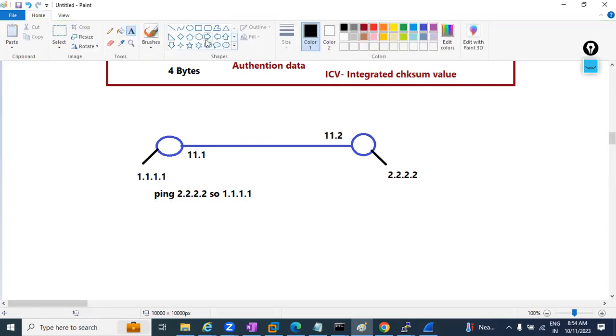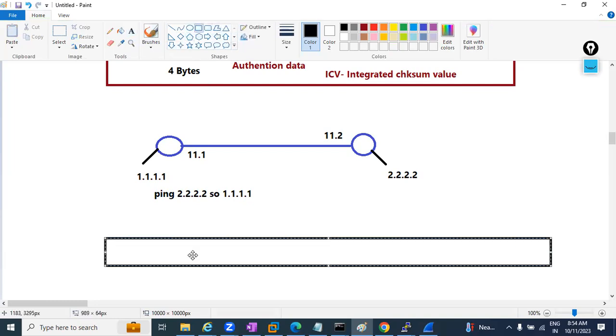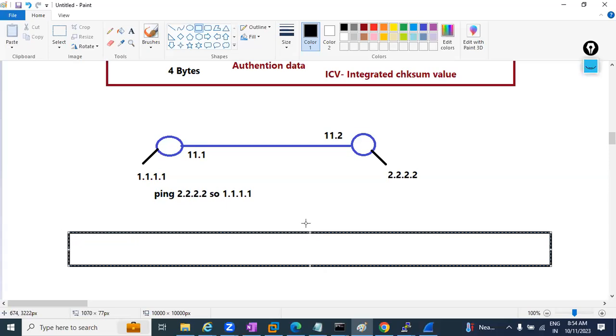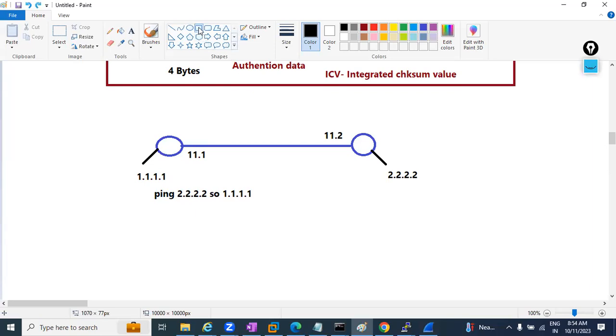So what happens next? First of all, there would be headers. These are the header information. First of all, we have ICMP.